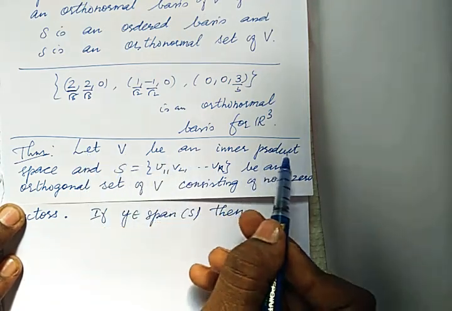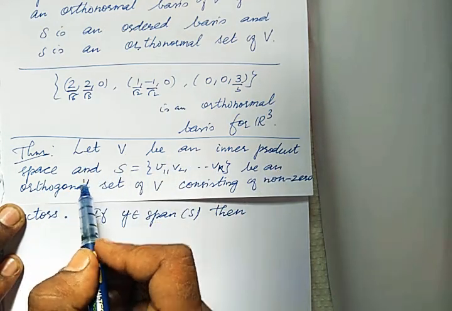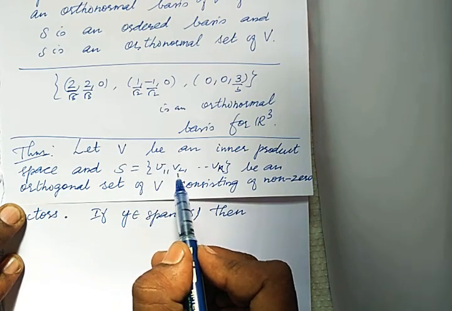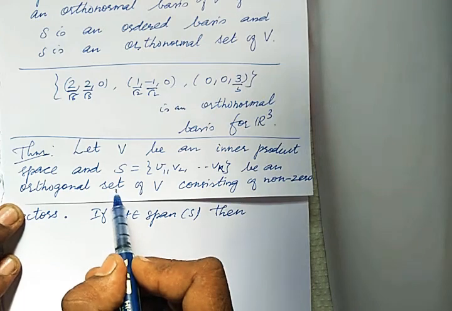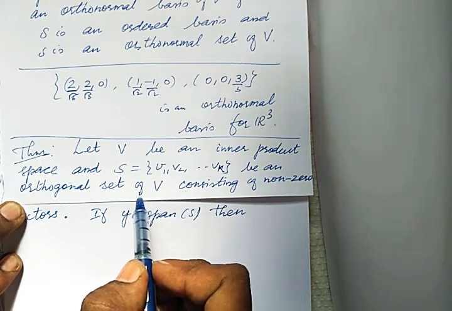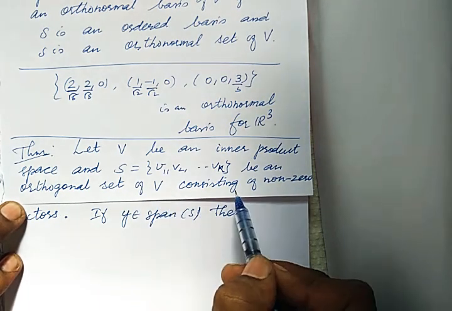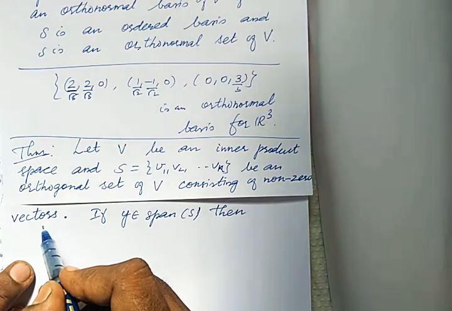Let V be an inner product space and S equal to {v1, v2, ..., vk} be an orthogonal subset of V consisting of non-zero vectors.